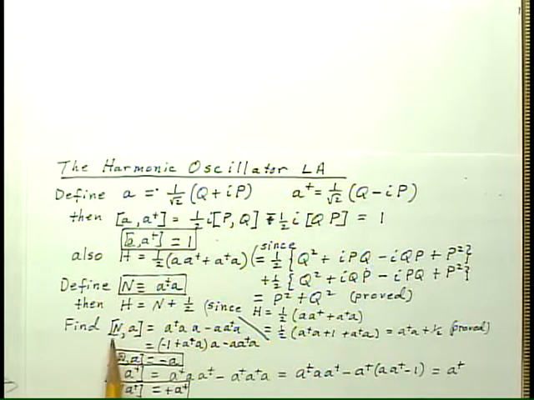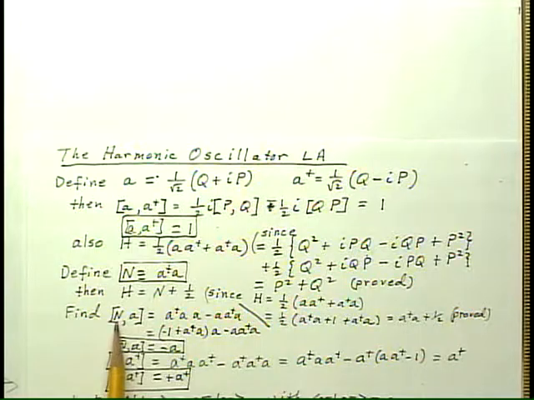Finally, we want to be able to show what the commutation rules are between capital N and A and A dagger. We can derive N with A as we put N here and just do the commutation rules and reduce it down. Here we have A dagger A times A, and then A times A dagger A with a minus sign.